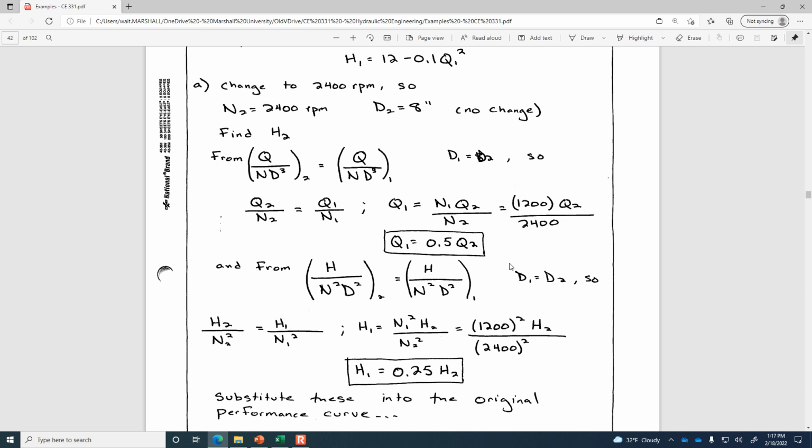On the left-hand side of the equation, it's going to be 0.25 H2, is equal to 12 minus 0.1 times Q1. So let's put in 0.5 Q2 and square that.